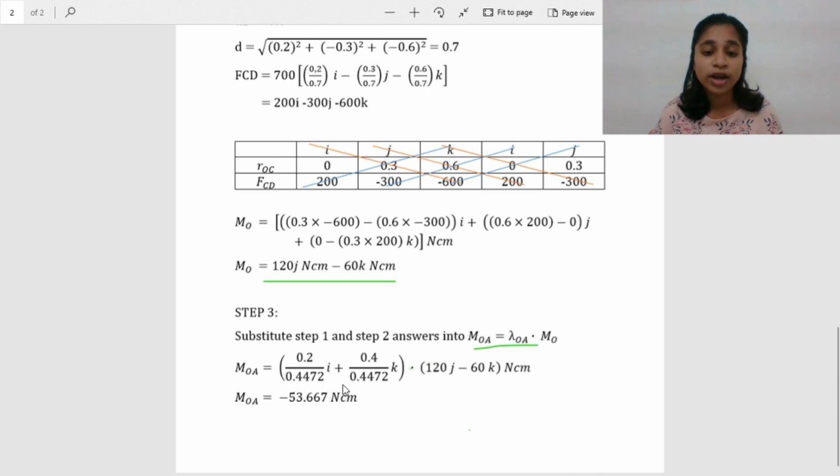While the y coordinate here is 0 and here is 120, and times it equals 0, while the z coordinate here is 0.4 over 0.4472 times negative 60. So the moment of force along the OA axis is negative 53.66.